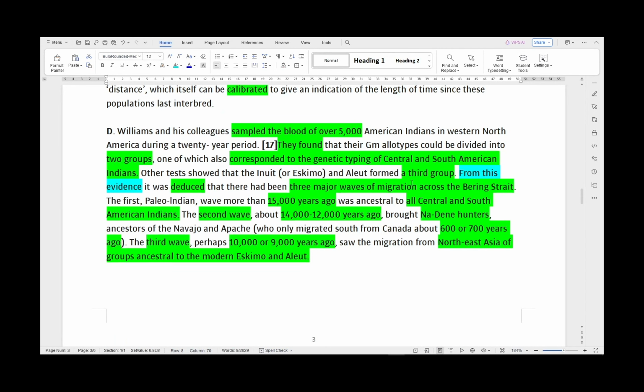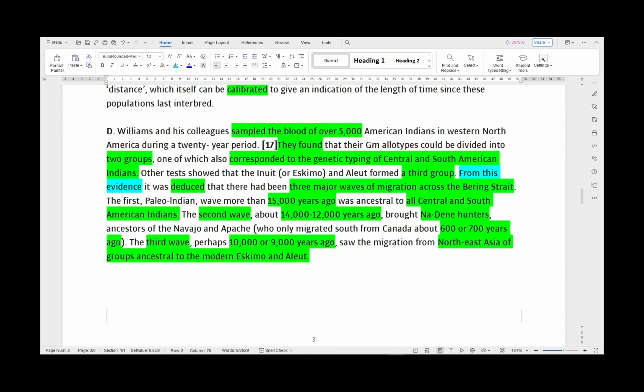And now let's take a look at this. It says from this evidence it was deduced that there had been 3 major waves of migration across the Bering Strait. 15,000 years ago was ancestor to all Central and South American Indians.